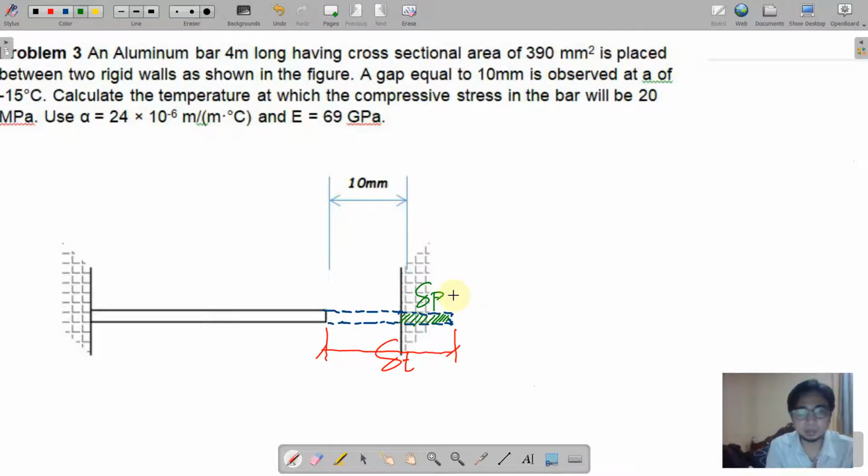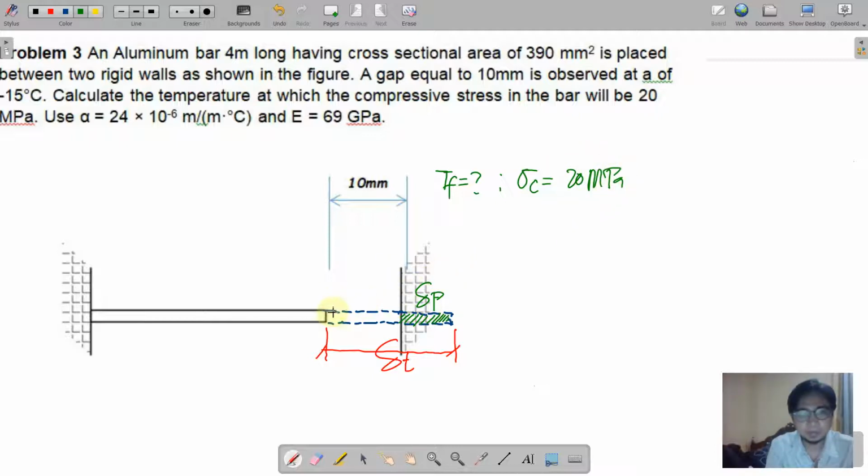So that is the question. What will be that final temperature so that we will have a stress in the bar in compression equivalent to 20 megapascal?